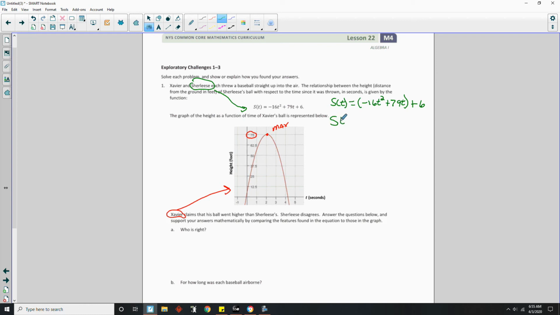So it would be s of t equals -16 parentheses t squared plus 79 divided by 16. Actually, that's minus, right? A negative times a negative is positive, so that's going to be minus right here.